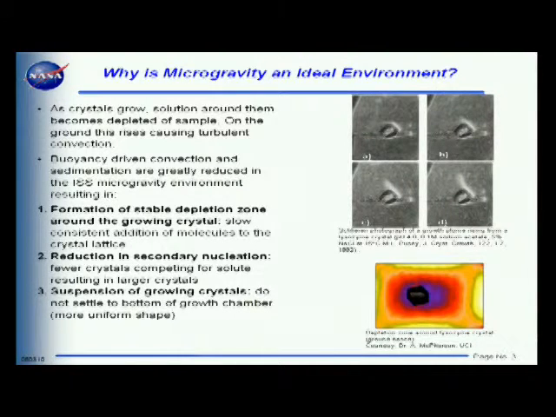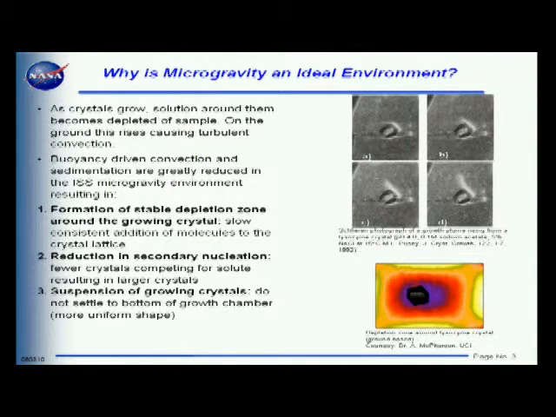So what is the difference between a laboratory environment and a microgravity environment when it comes to the growth of protein crystals? One, like Dr. Pellis had touched on earlier, is the reduction of buoyancy-driven convection and sedimentation. As you can see in the figure here at the top right of the chart, this is a lysozyme crystal grown in a 1G environment. And what you see is as the nucleus of the crystal forms and the protein molecules are added to that nucleus and the crystal begins to grow, there's a slight halo around the crystal.